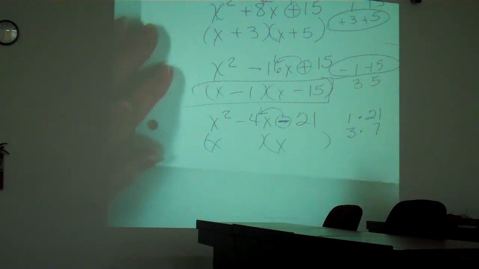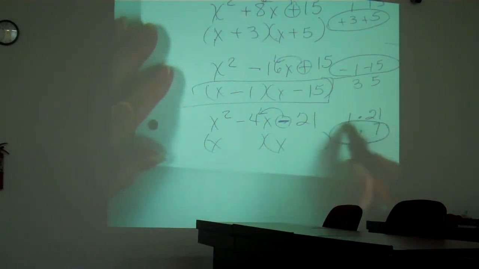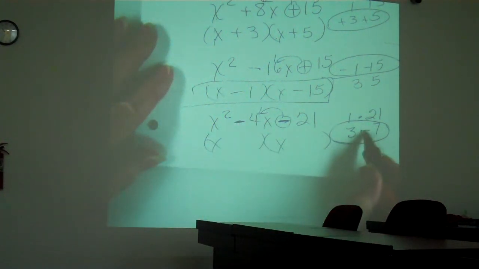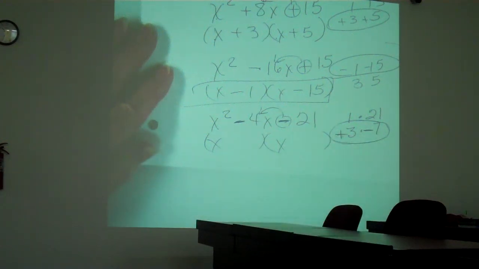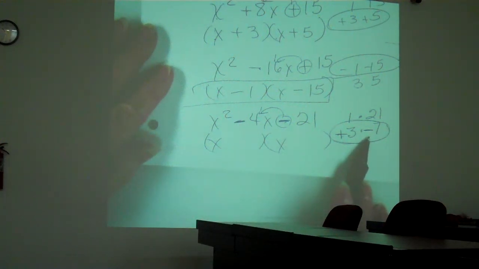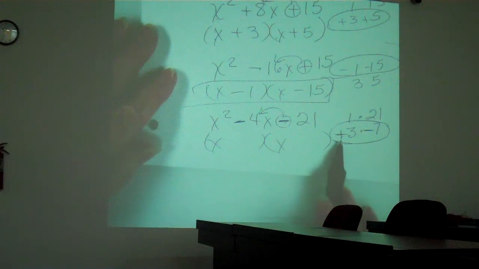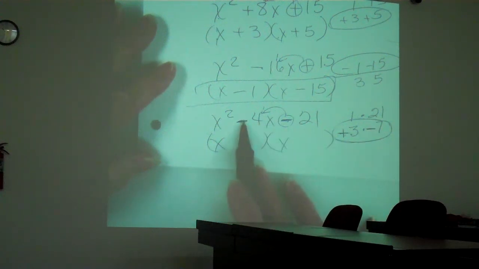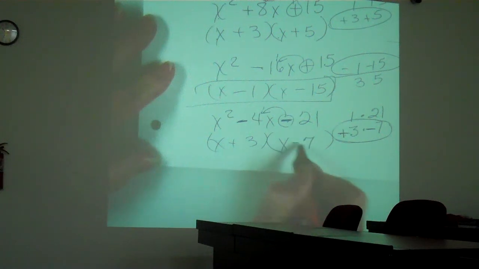Which would subtract to give you 4? 3 and 7, right? You need a negative 4, so you need negative 7 and a positive 3. When they subtract, they're going to be different signs. You need to put the sign of the middle term with the biggest number to make sure it comes out. So if you had a negative 3, positive 7, it would have been a positive 4. So make sure you put the sign with the biggest number. So you have a positive 3 and a negative 7.